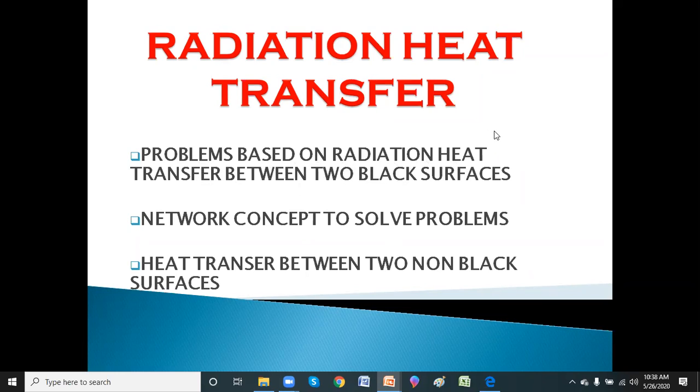You remember, whenever there are two black surfaces available for radiation heat transfer, the process of finding the radiation heat transfer becomes very easy because I have to find only the one-way shape factor, F12. If I find F12, it's enough to find Q12, where Q12 indicates the radiation heat transfer from the first surface to the second surface.